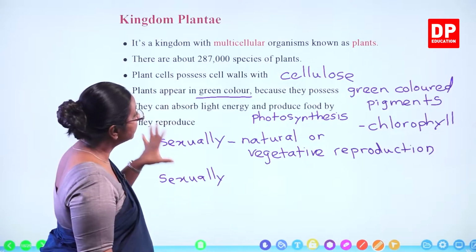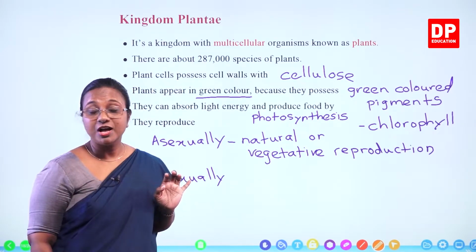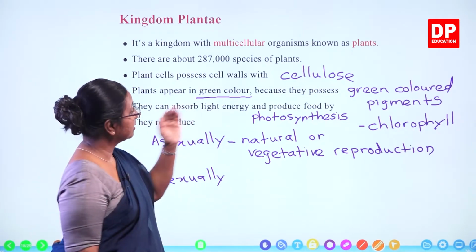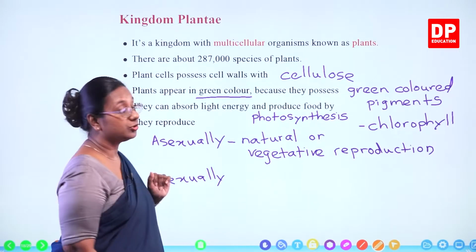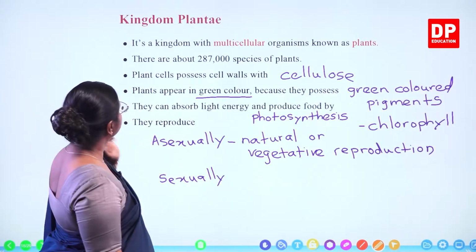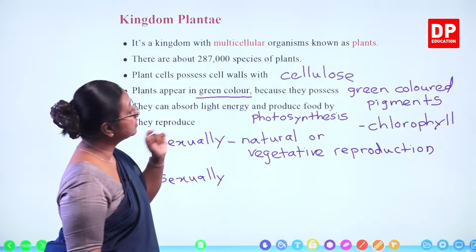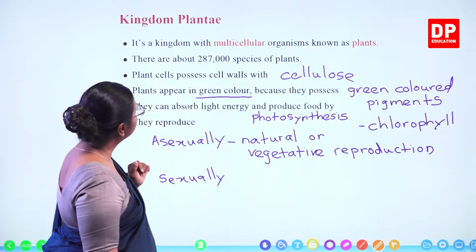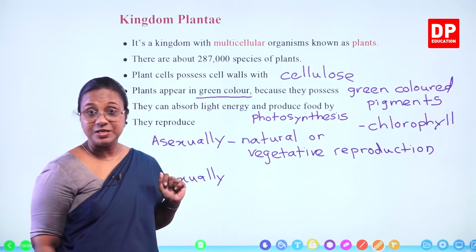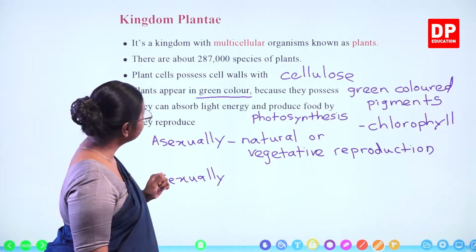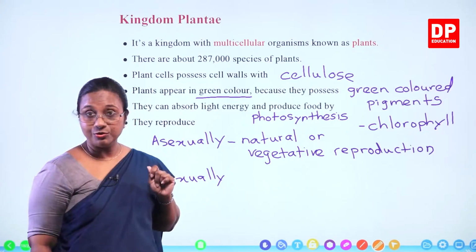So these are the general features of the organisms, those are the plants belonging to kingdom plantae. It's a kingdom with multicellular organisms known as plants, and there are about 287,000 species of plants, and plant cells possess cell walls with cellulose.